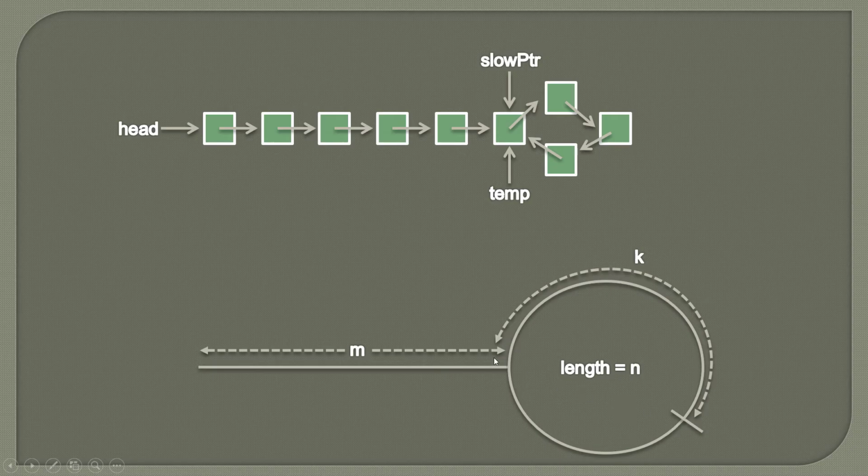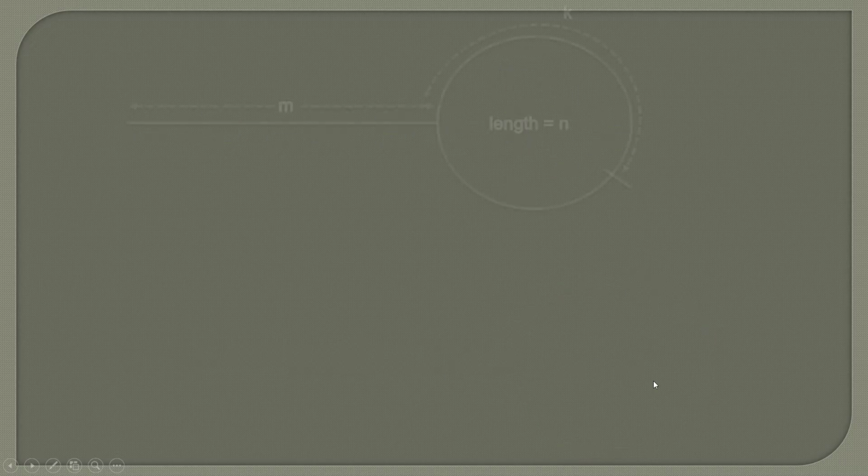Or it could be possible that the slow pointer doesn't complete any cycle and simply meets here. So we give this distance as k, and the complete length of this loop we denote by n. So this is the current picture from where we will start our proof.